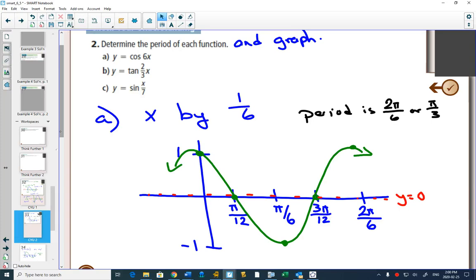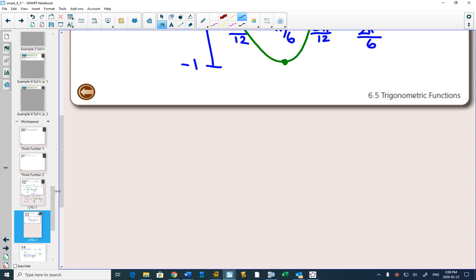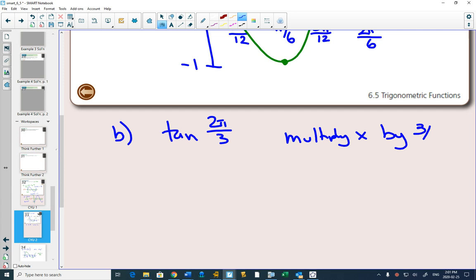All right. Part B. Tan of 2 pi over 3 x. What's happening here? We would multiply x by 3 over 2.